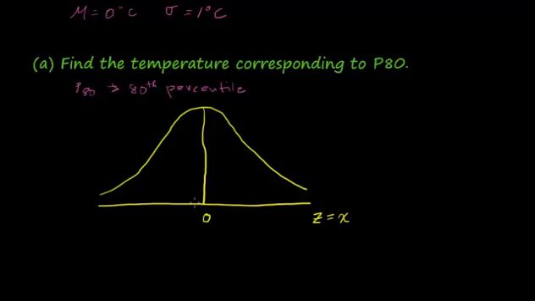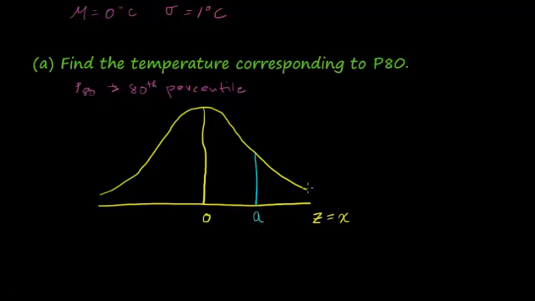We want to know where we are on this scale where 80% of the other thermometers have readings less than this. At 0, at the mean, we know that 50% would have readings less than 0, and then we see the 50% above. So I know I've got to move more to the right to get my temperature. It's somewhere over here.